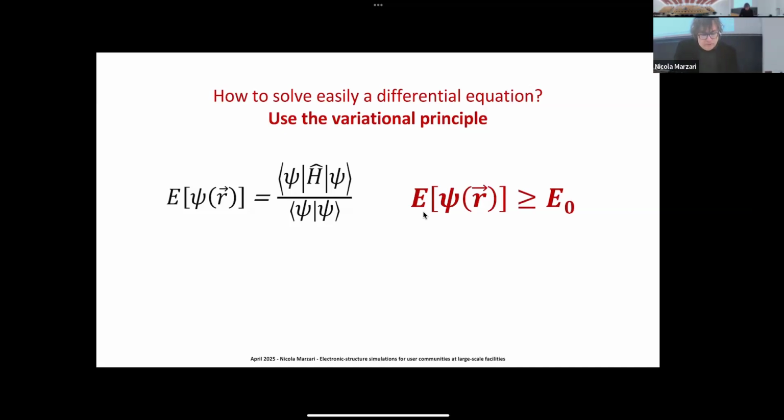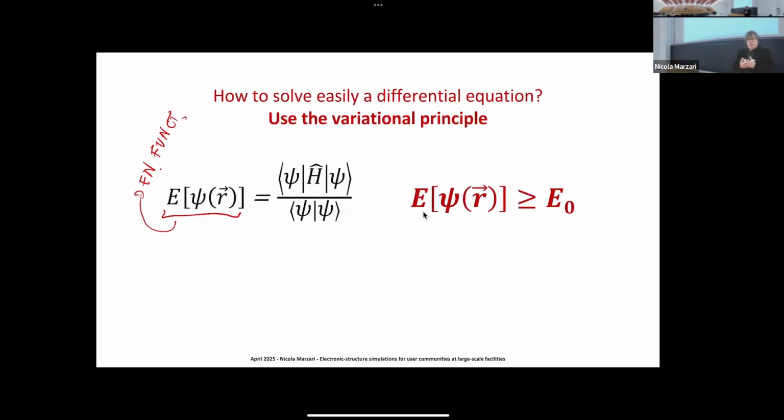That is, we can construct what is called an energy functional. This is a very important concept. So this is an energy functional. That means it takes a function as input and it gives you a number. A standard function is an object that takes a variable as input and gives you a number. So if your function is x cubed, and x is equal to 3, you obtain as a result 27.